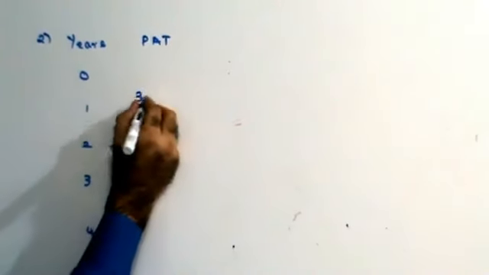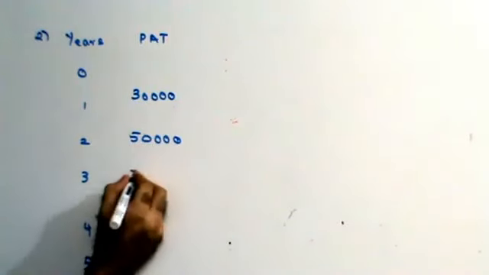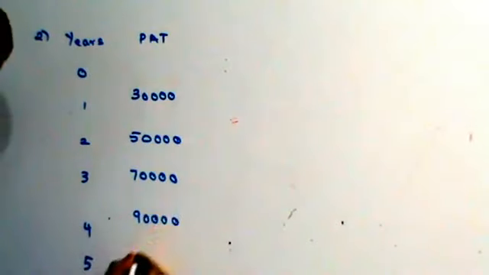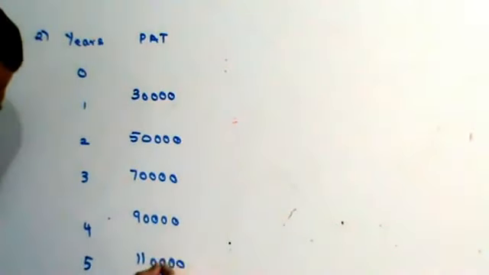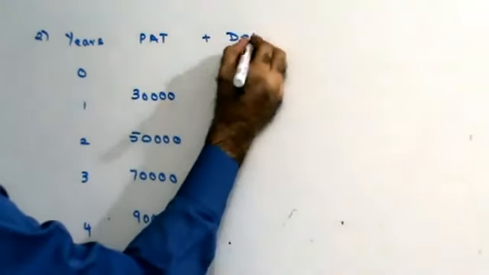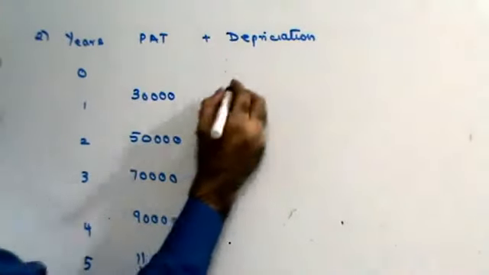Your profit after tax is given to you as 30,000, 50,000, 70,000, 90,000 and 1,10,000. Right? Profit after tax, add depreciation. Depreciation is 1 lakh.